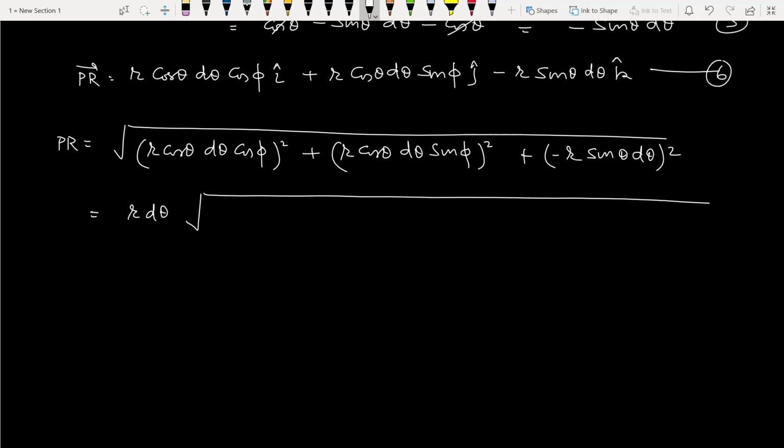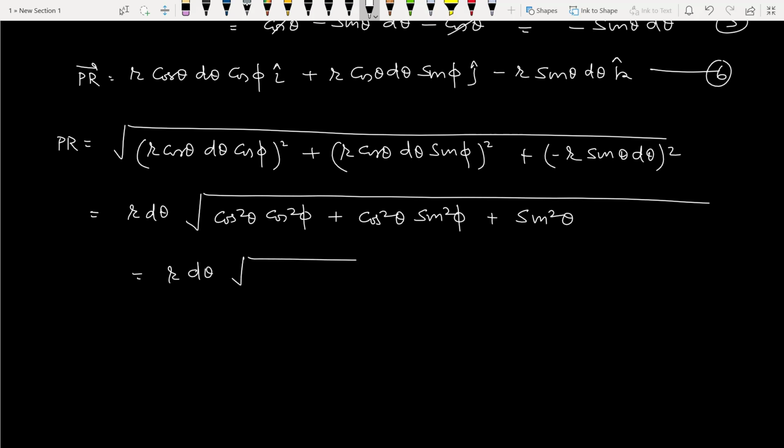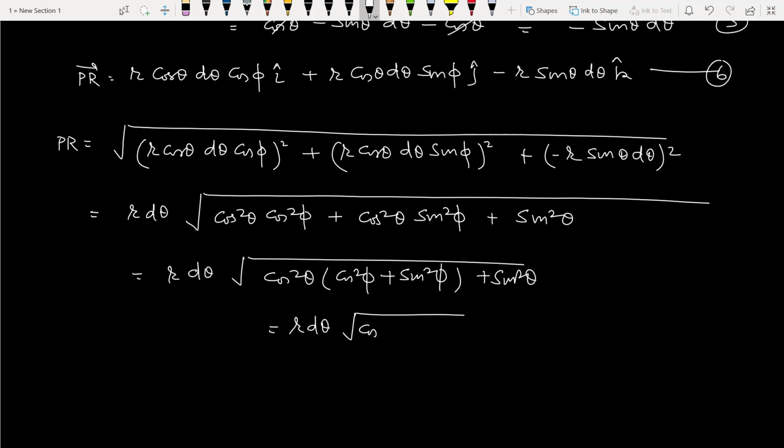So what we are left with is cos square theta cos square phi, cos square theta sin square phi, sin square theta. In the first two terms, cos square theta comes common, cos square phi plus sin square phi, which is 1, plus sin square theta. So r d theta into cos square theta plus sin square theta, which is 1, which is r d theta. This is equation number 7.